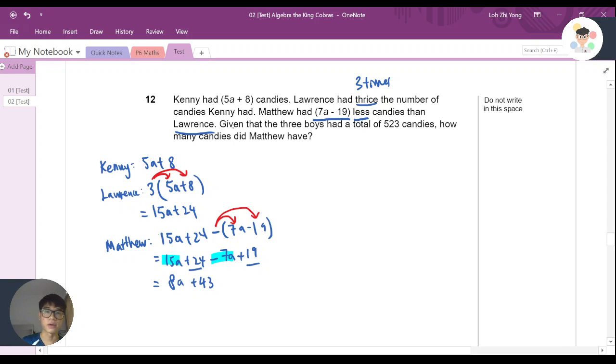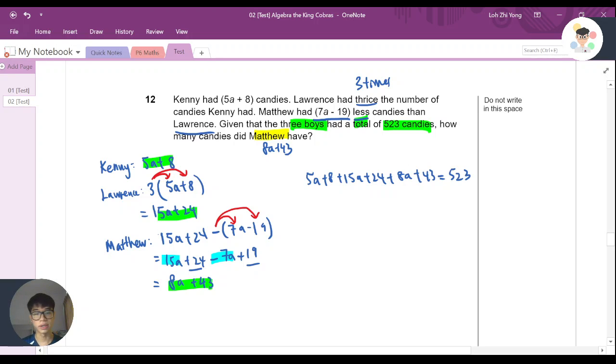Let's continue the question. Given that the 3 boys had a total of 523 candies, this plus this gives you 523. At the end, you need to solve how many candies Matthew had. Matthew means 8a plus 43. So 5a plus 8 plus 15a plus 24 plus 8a plus 43 is equal to 523.